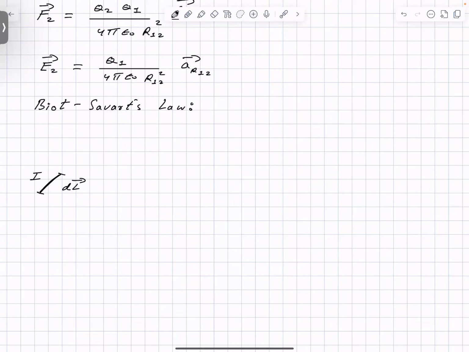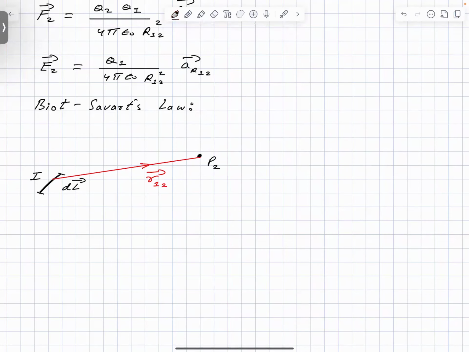It is constant. Now, this current will have a magnetic field around it, and we are interested in finding the magnetic field intensity at point 2. We can call this P2. So what we're going to do is draw this vector. We'll call this R12.